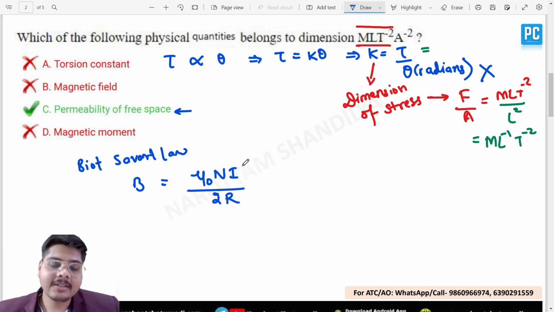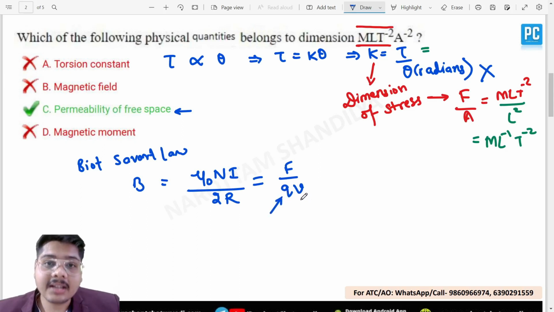And this magnetic field is also equal to F upon QV, where Q is charge and V is velocity, and F is the magnetic force.